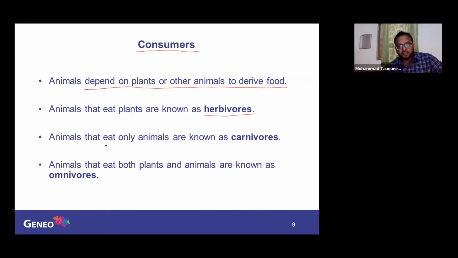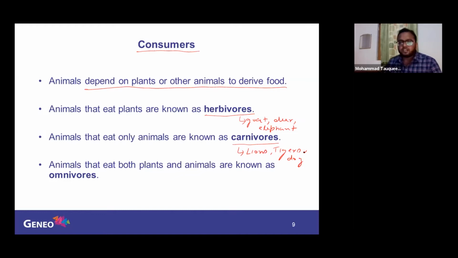Now animals that eat only animals are known as carnivores, like lion. Here I am giving some examples also. Herbivore examples: goat, deer, elephant. Carnivores are lions, tigers, dog. These are examples of carnivores.